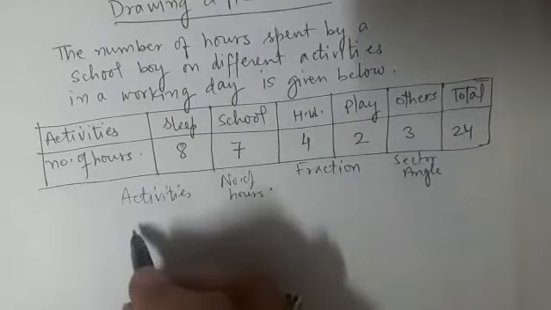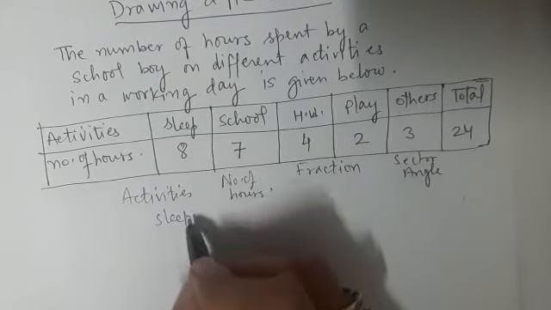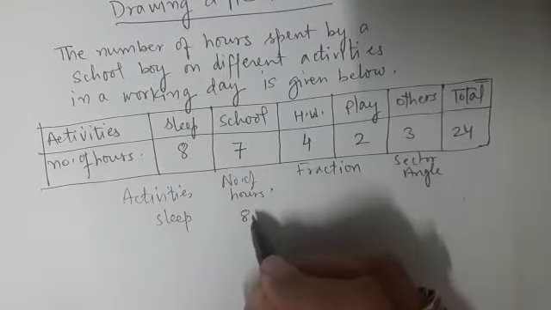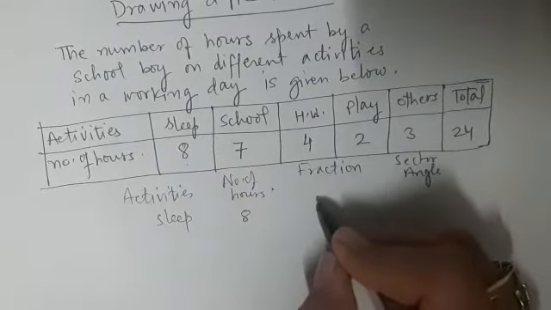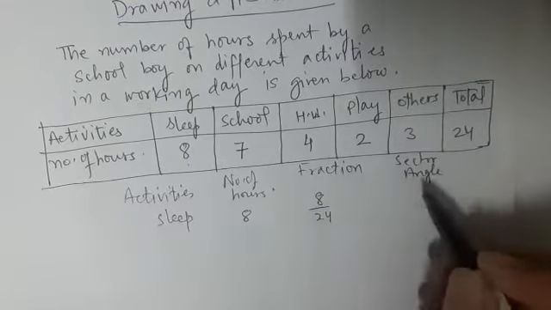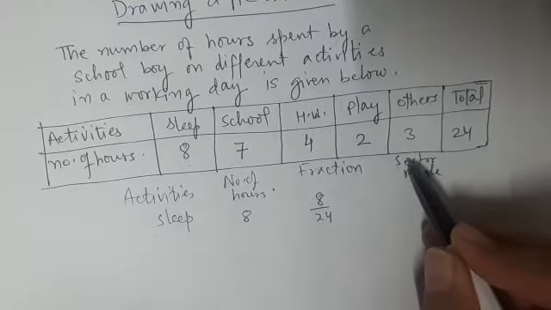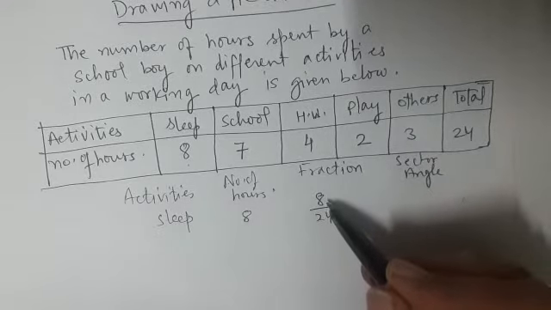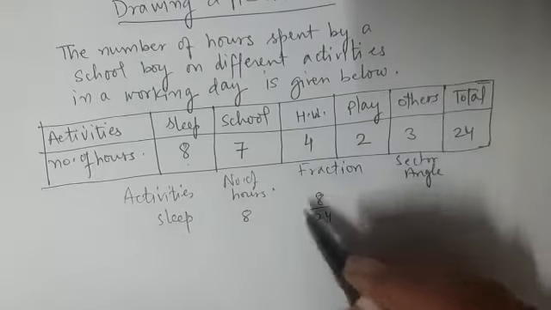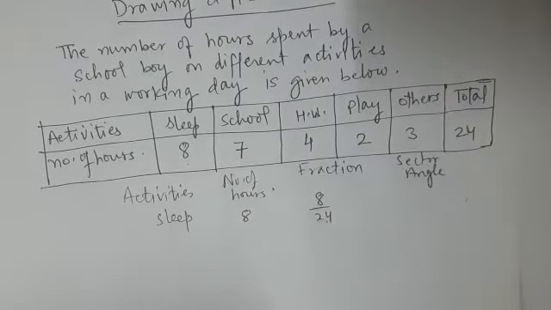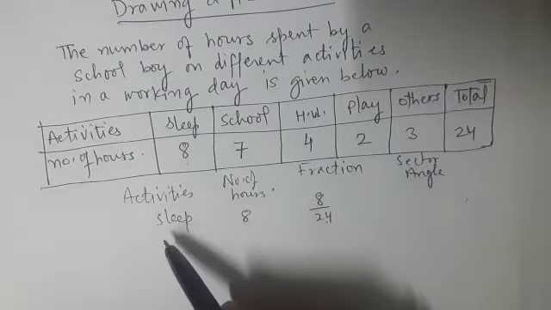So here you see that first activity is sleep, and it is mentioned that out of 24 hours, 8 hours are spent on sleep, so the fraction becomes 8 by 24. Now to find the sector angle, we find 8 parts out of 24, then how many parts out of 360 degrees, because in a circle the central angle is 360 degrees, so we need to find out the part of the circle, that is the sector angle representing this particular activity.